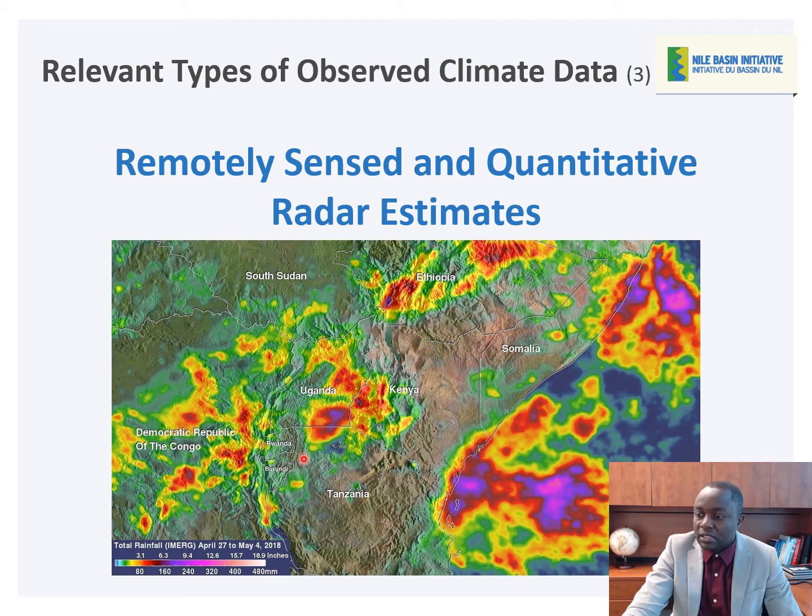And here on this image, you can see the total rainfall snapshot over most of the Nile Basin, and this shows you total rainfall between April 27 to May 14, 2018. These kinds of data are short-term at the moment, so IMERG starts basically in 2014, and these kinds of data sets can be used to stress test a system when doing a bottom-up climate risk assessment.